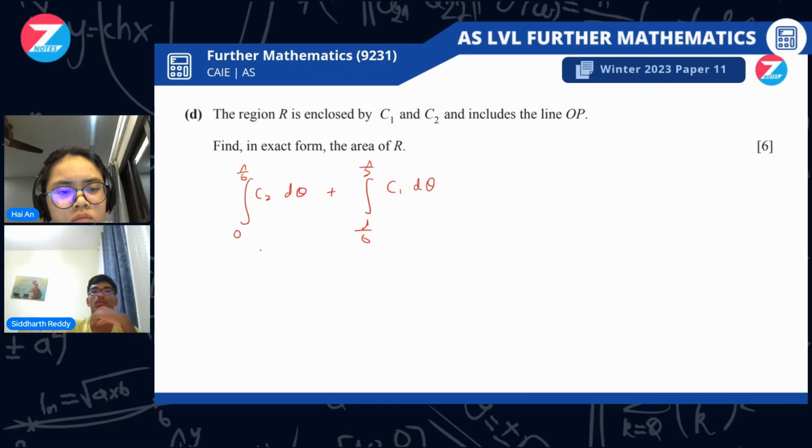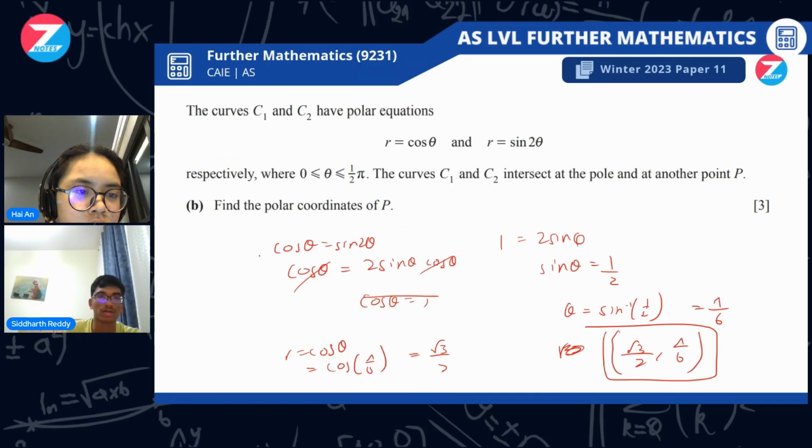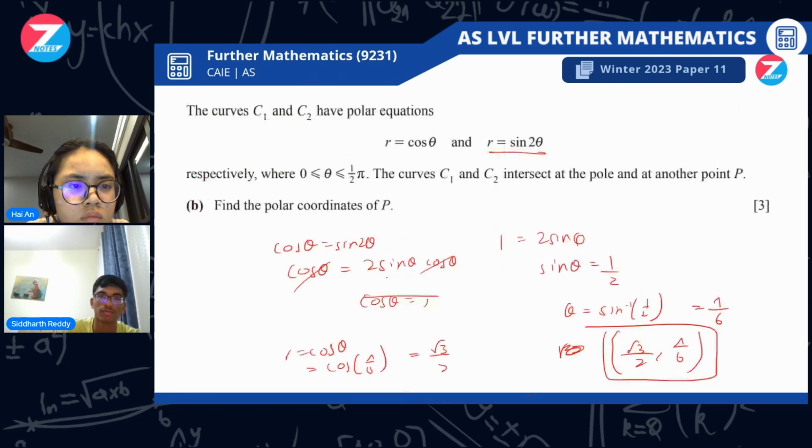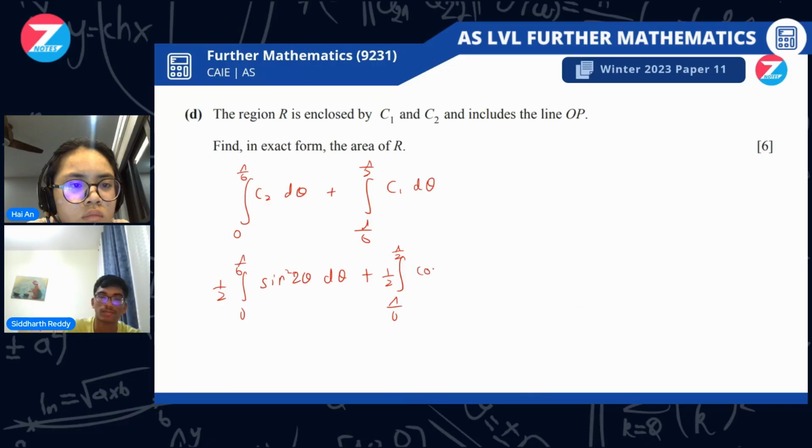Okay, so let's just find that out. For C2, to take the polar integral, we have to take half r squared. So 0 to pi by 6 of half r squared. What is r of C2? It's sin 2 theta. So it becomes sin squared 2 theta d theta plus the integral from pi by 6 to pi by 2 of C1. Again, don't forget the half cos squared theta d theta.